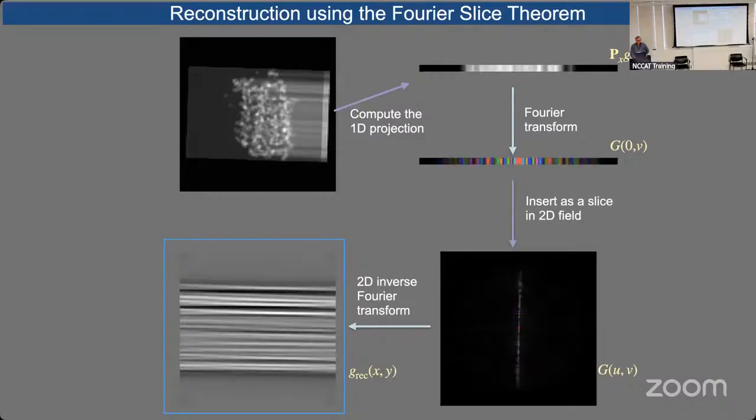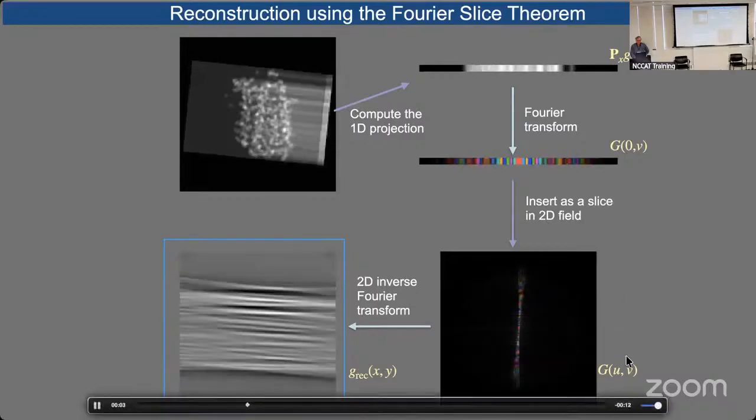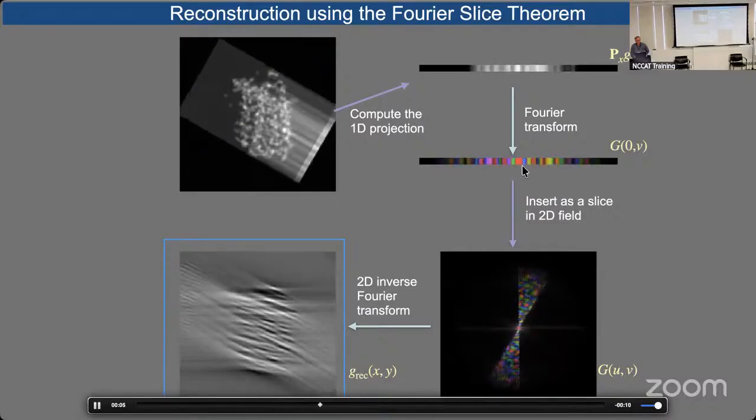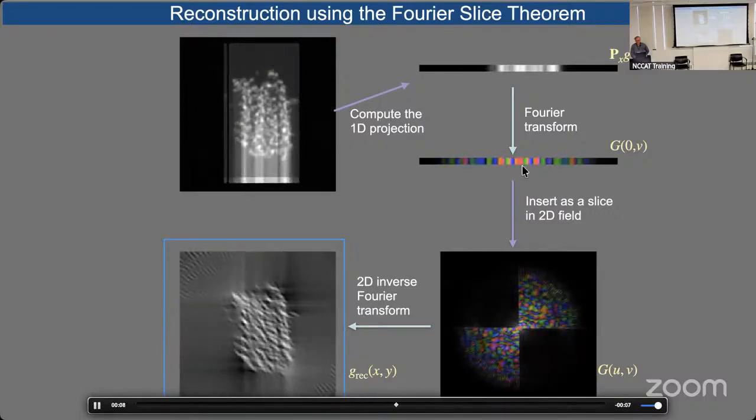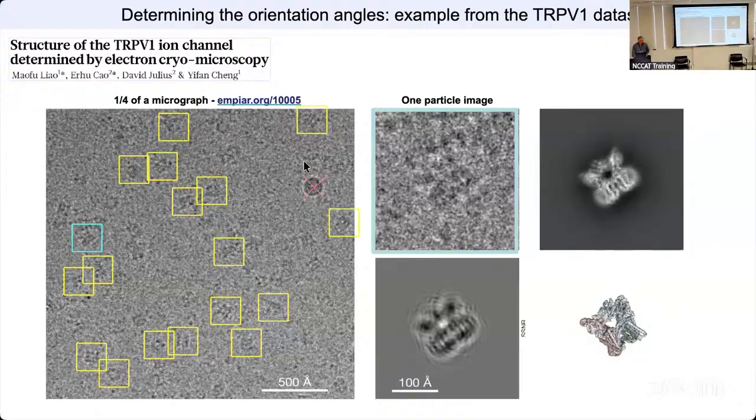This makes use of the fact that once we have a projection, we can fill in Fourier space to do a reconstruction. The problem with doing the reconstruction is that we have to know the orientation angles, so that we know where in the 3D Fourier space to insert a plane arising from one of my experimental images.